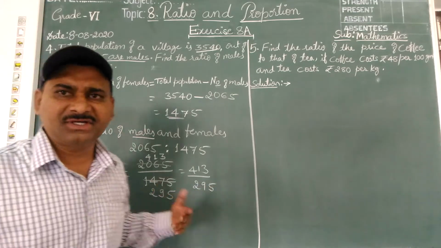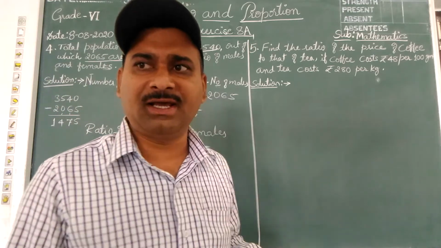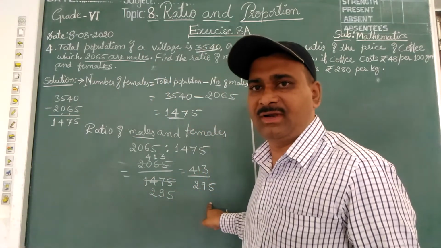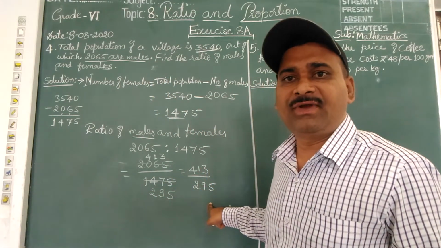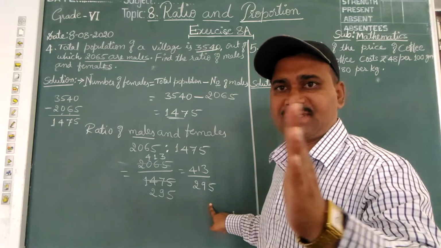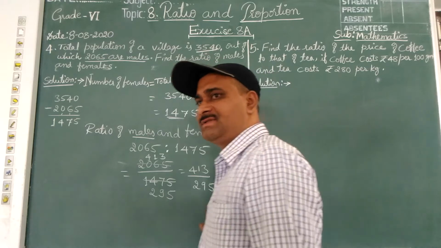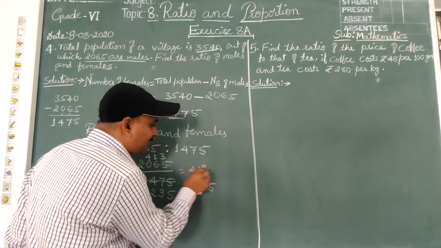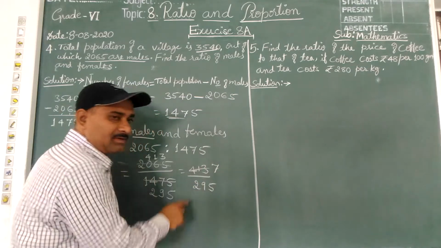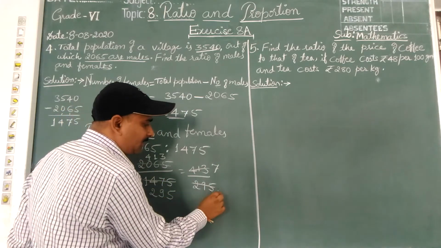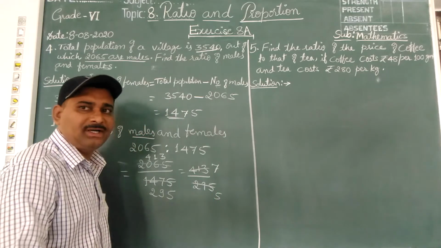I have tried with different tables, children. You have to try like this. This I can cancel with 59's table. 59's I have done in the rough side. If you want, you can check there. I have sent already the solution. 59 sevens are 413 and 59 fives are 295.